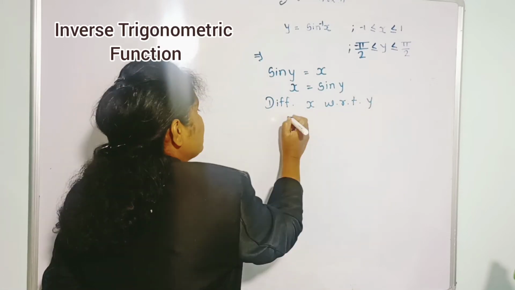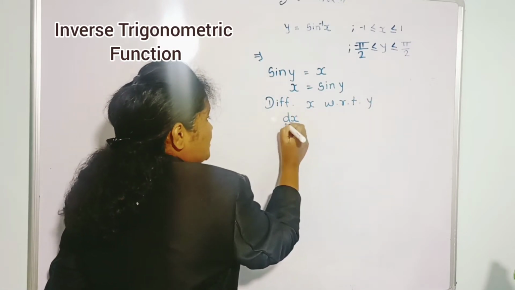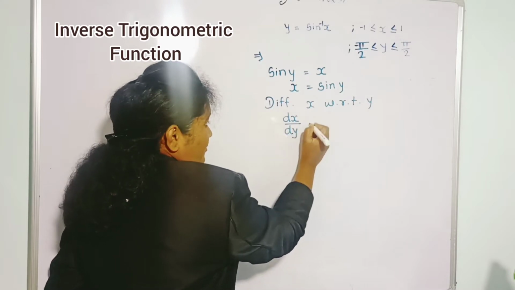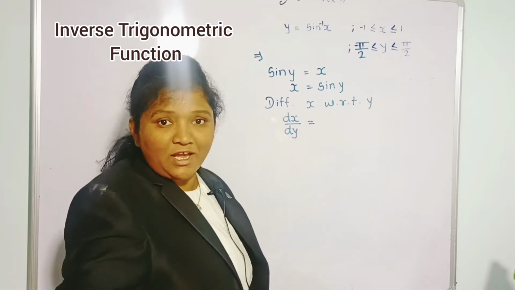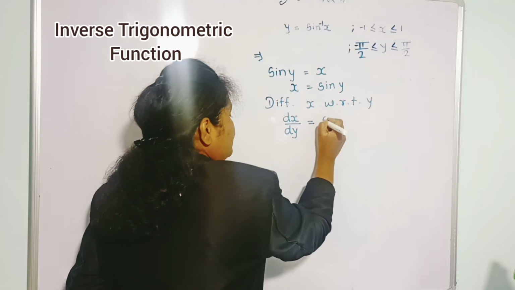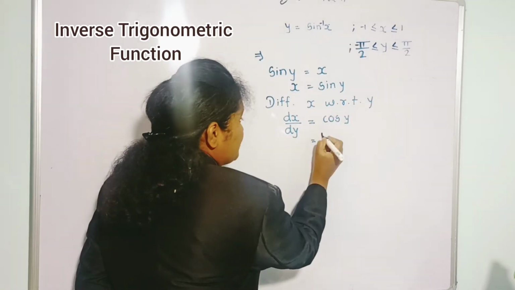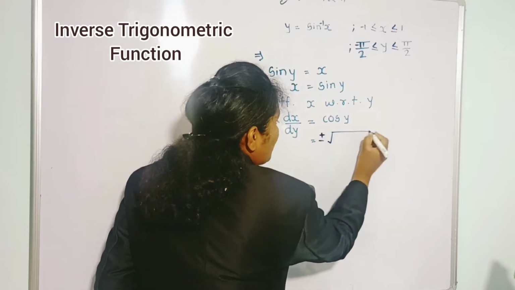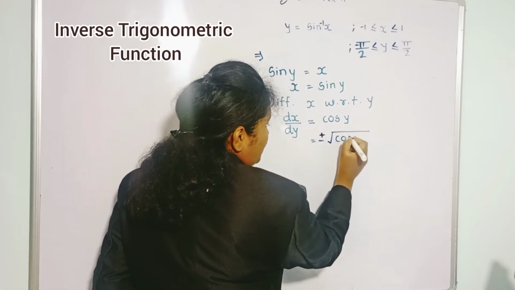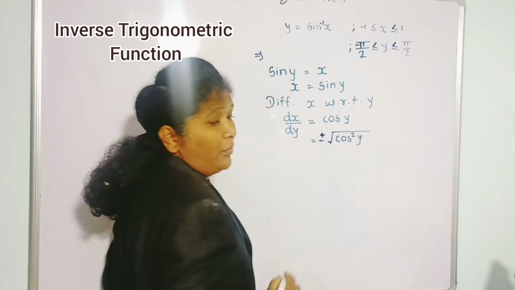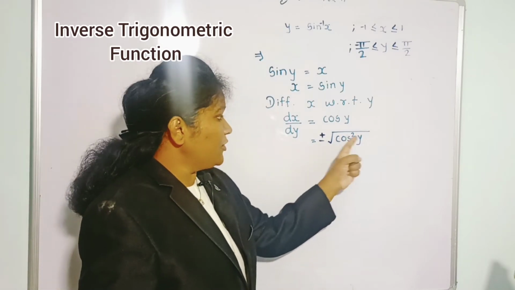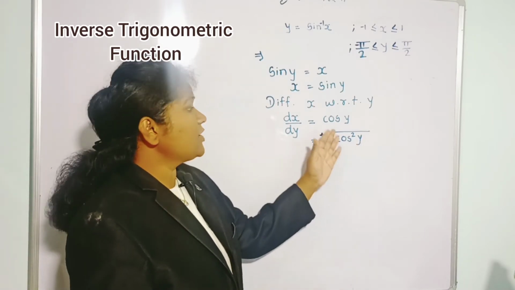Derivative of x, dx upon dy, is the derivative of sine y, that is cos y, which we write as plus minus square root of cos square y. Because square root and square get cancelled, we get cos y.